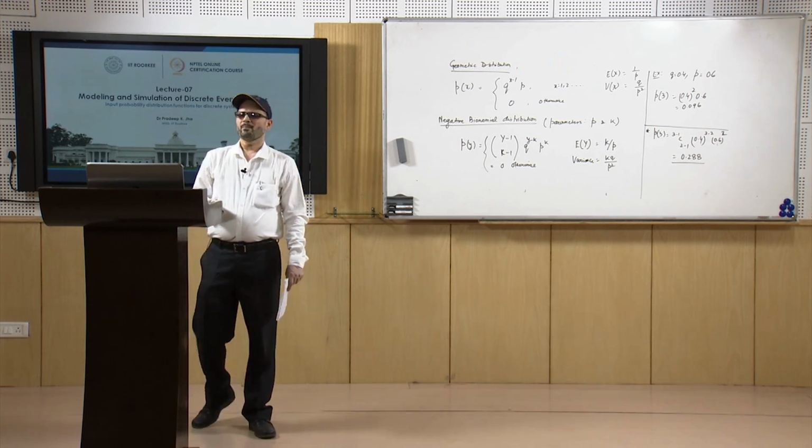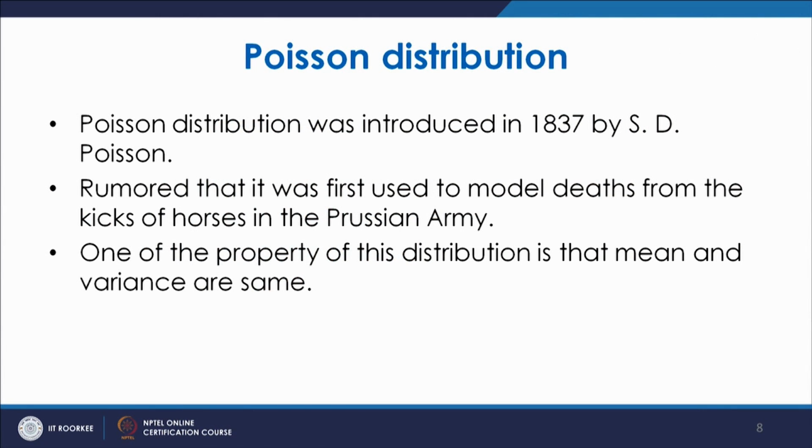Next is the Poisson distribution. The Poisson distribution is a very popular distribution which is used for discrete events, and it was introduced in 1837 by S.D. Poisson. It was a rumor that this distribution came into limelight when it was used to model deaths from the kicks of horses in the Prussian army.